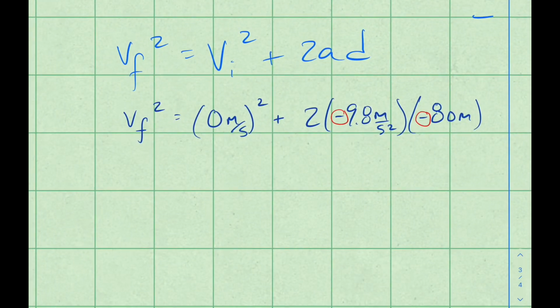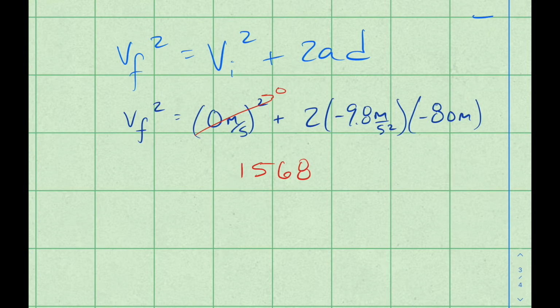If this wasn't the case, after we're done squaring 0 and realizing it's 0 and feeling silly for putting that into our calculator, we would see that right here we have a negative times a negative, so it's a positive, and we would get 1,568 for our next line.